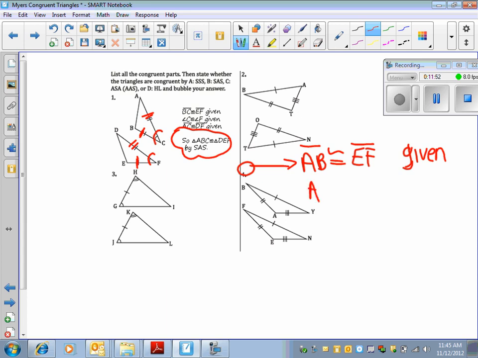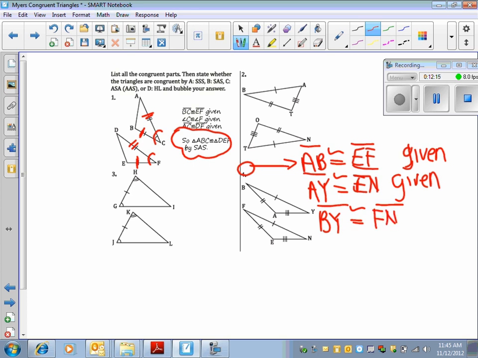Next, I would say AY is congruent to EN, why, given. Last but not least, we would say BY, segment BY is congruent to segment FN.